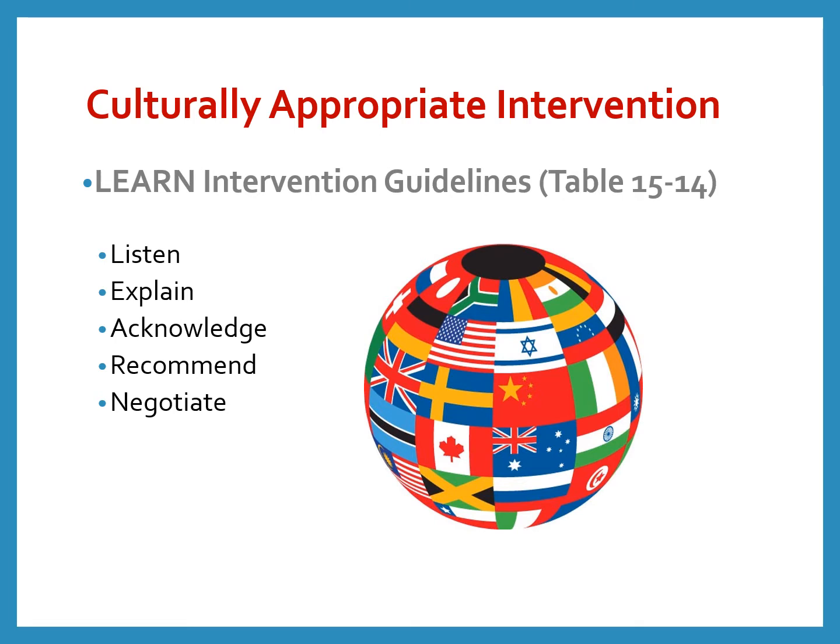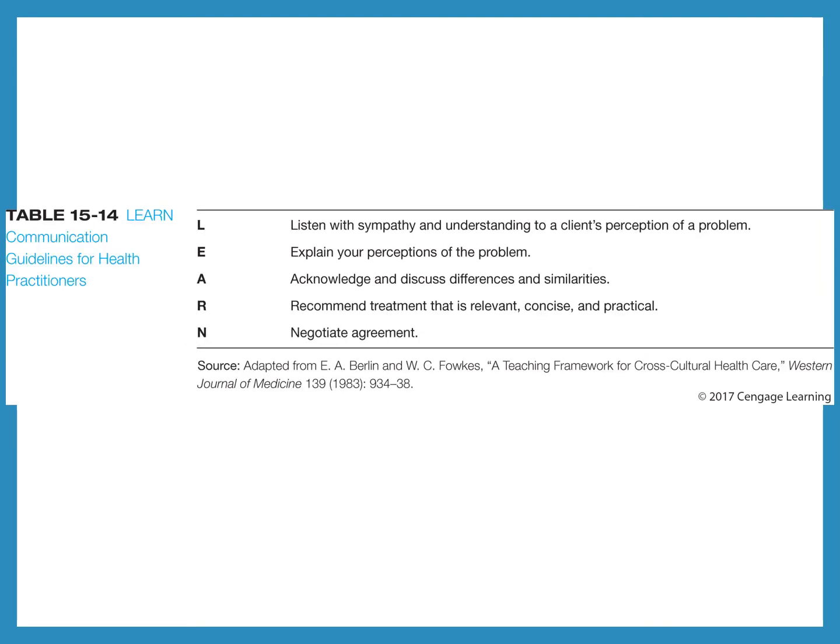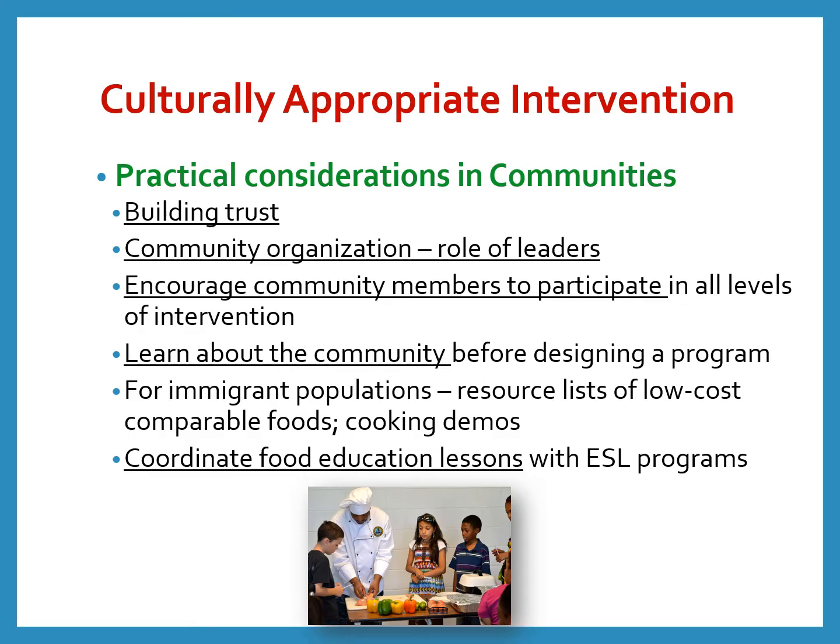And then start recommending what they should be eating or what they should be doing to address the problem in a very short and sweet, simple way, and then negotiate what the different treatment options are, what they think would work for them and what they will be able to do. So here are the LEARN principles in Table 15.14. Listen with sympathy, understanding their perception, explain your perceptions, acknowledge and discuss the differences, recommend the treatment, and negotiate the treatment.